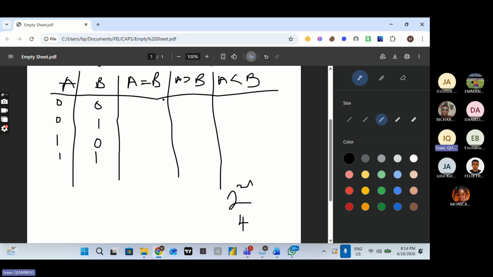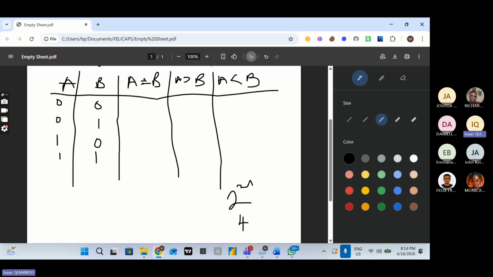Okay, so when you are dealing with equality checks, whether two inputs are equal, if two inputs are equal, you return a high for A equals B. Here is the case.